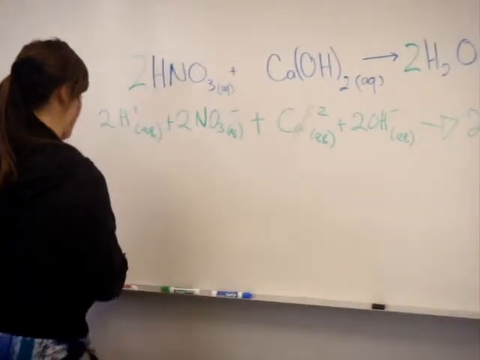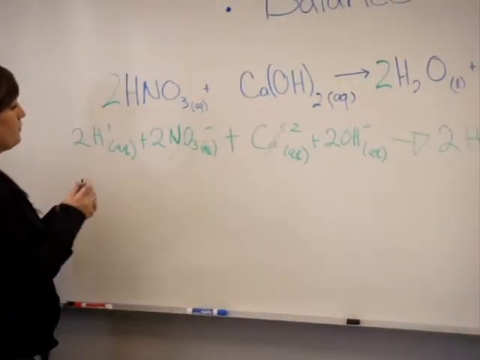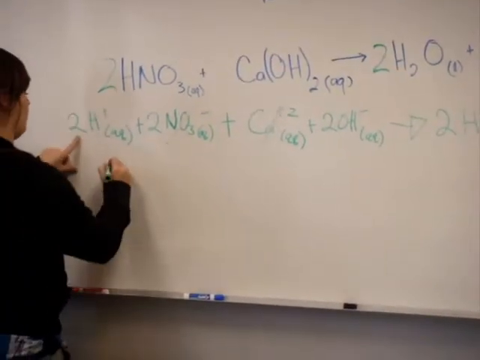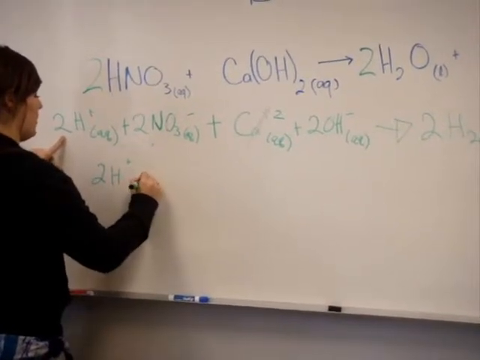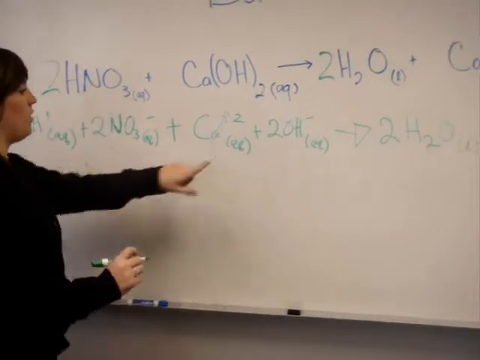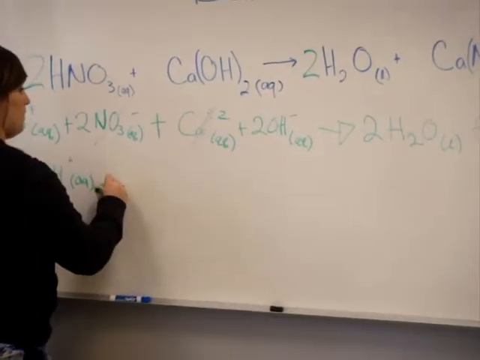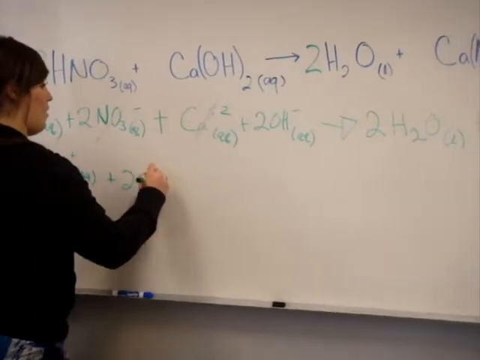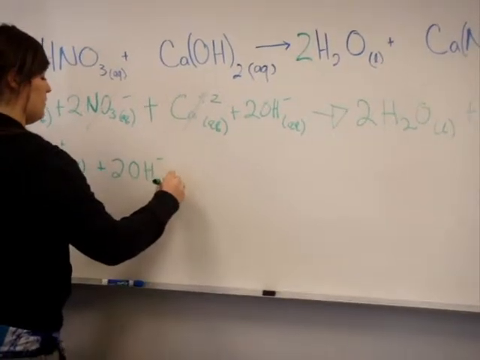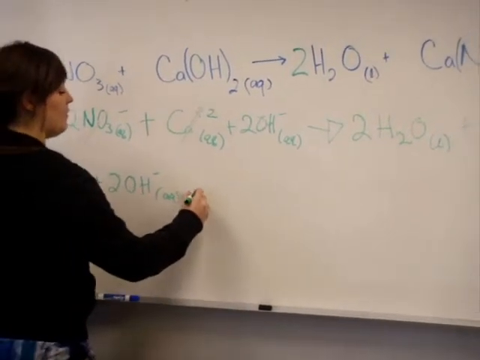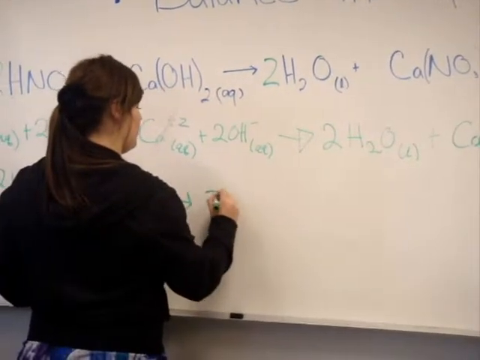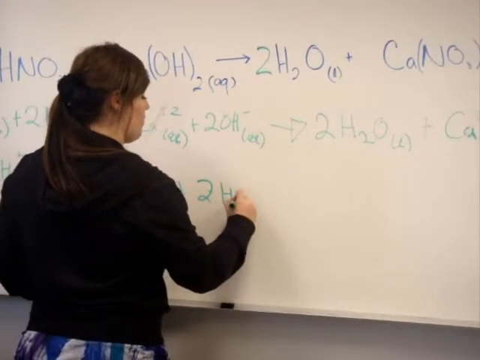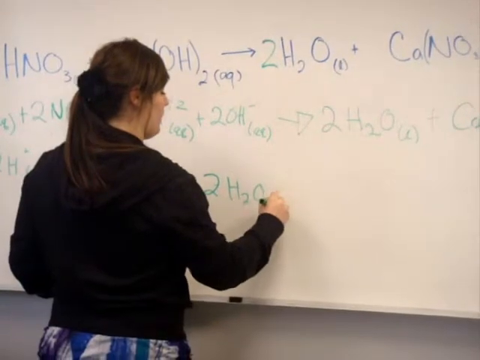And then you have to write it out. So we're going to have 2H aqueous. We're also going to have this one, so it's going to be plus 2OH minus. And that's it for that side. So then we need this, so we'll have 2H2O, which is a liquid.